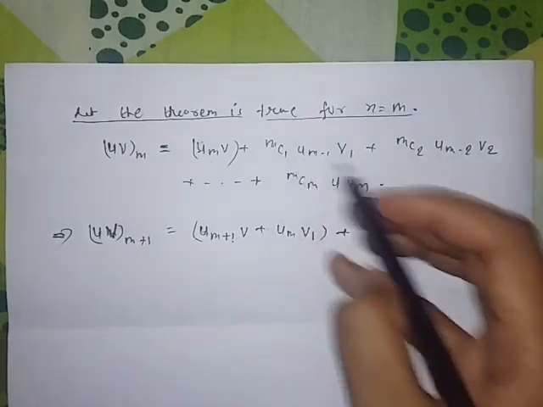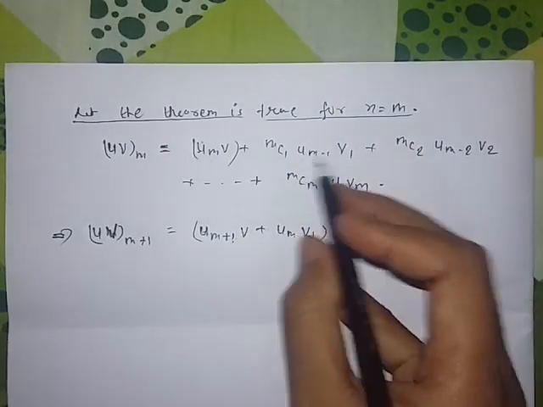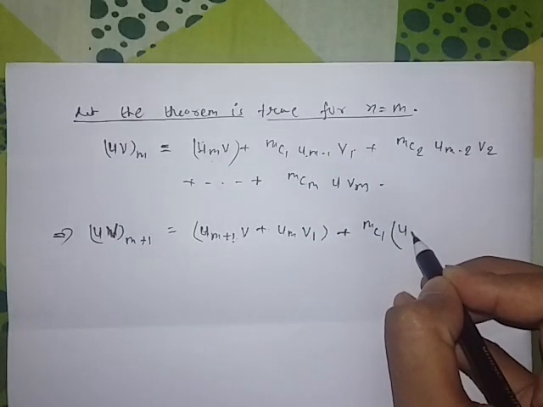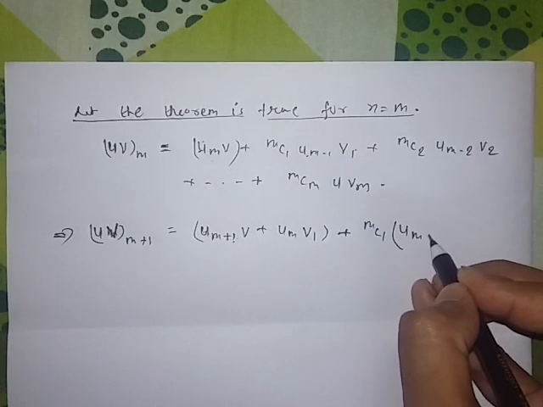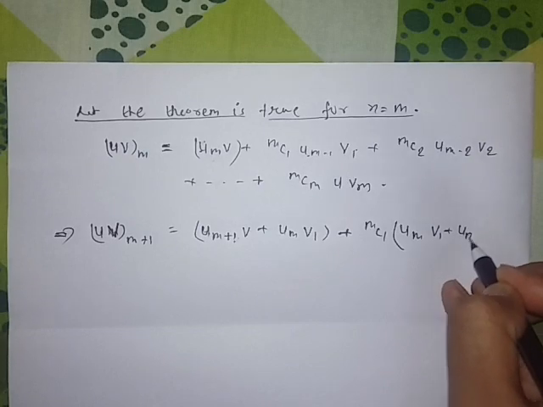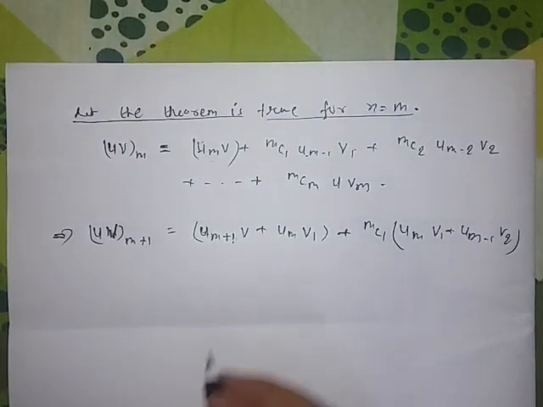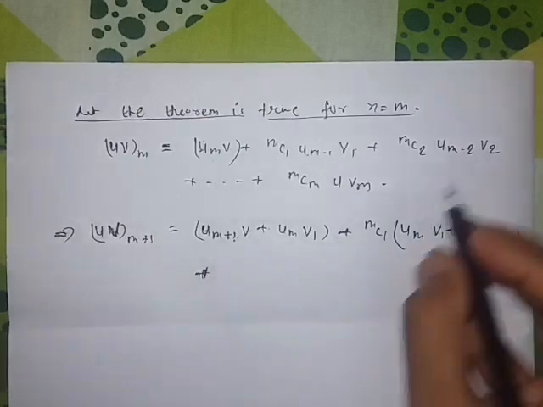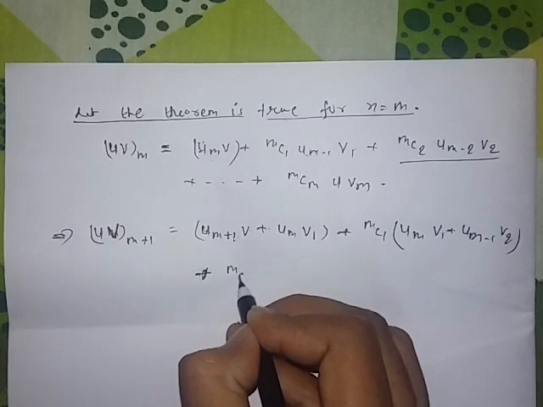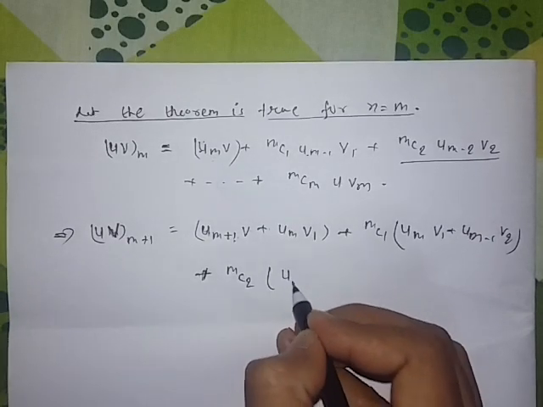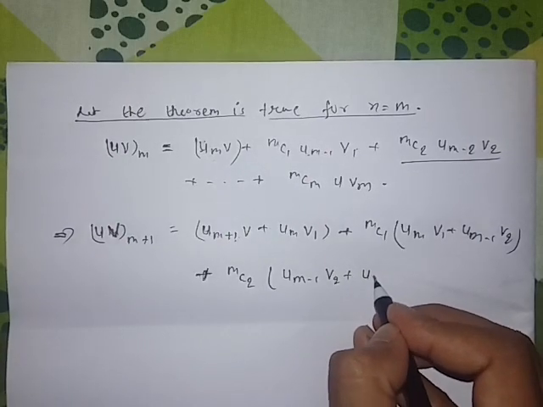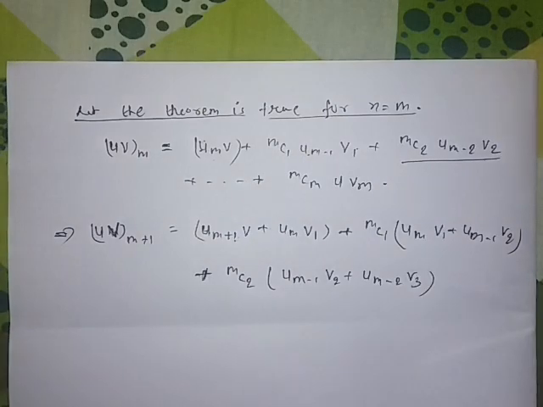Similarly we will write here mc1 and we differentiate this term the first time. Then we will obtain um v1 plus um minus 1 v2. Again we write this term, the first derivative of this term. Then we will get mc2 um minus 1 v2 plus um minus 2 v3.